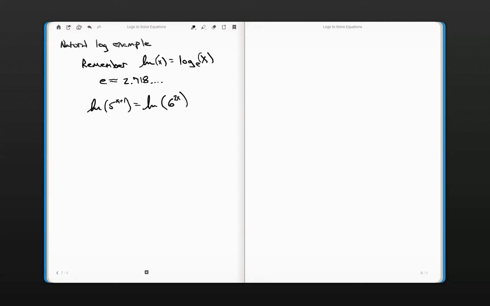All right, so whatever are we going to do here? Well, when I first look at this, I see the variable is stuck up in the exponent. Same here, variable stuck up in the exponent. So I'm going to use this property where I can move the exponent up front.